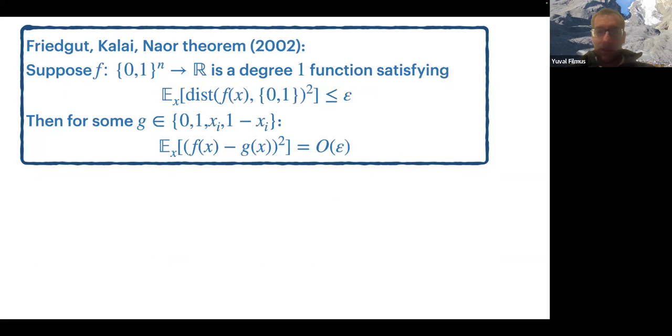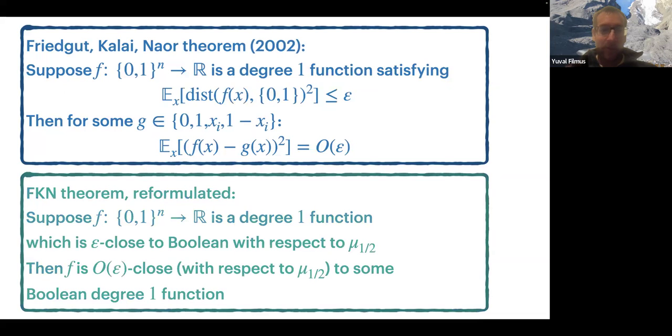Okay, so this is again the Friedgut-Kalai-Naor theorem, and I'm putting it here because I want to write it in this way, which is a bit more succinct. So suppose that f is a degree 1 function on the Boolean cube, which is epsilon close to Boolean. Epsilon close to Boolean means this thing, with respect to mu half. So this is the distribution of x.